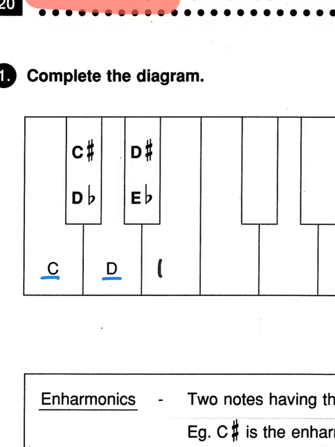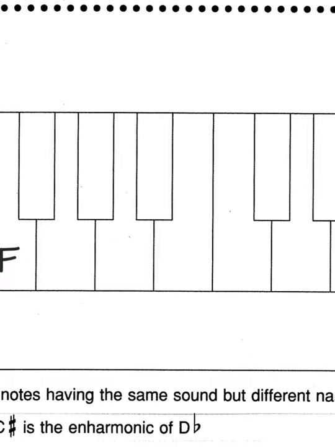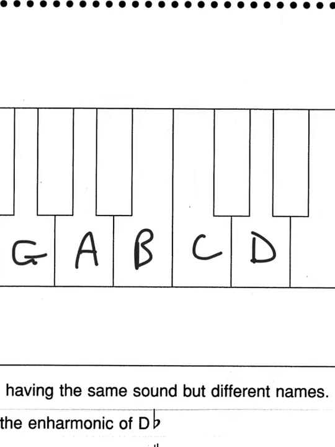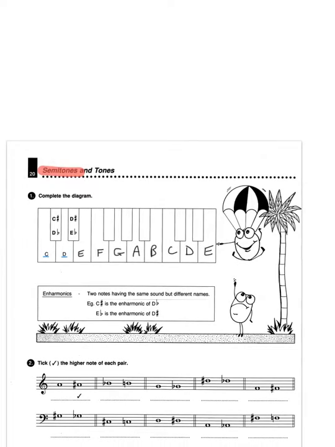Of course, E, F, what's after that? G, A, B, C, D, E. So they are all your, what are called the white notes of the piano.